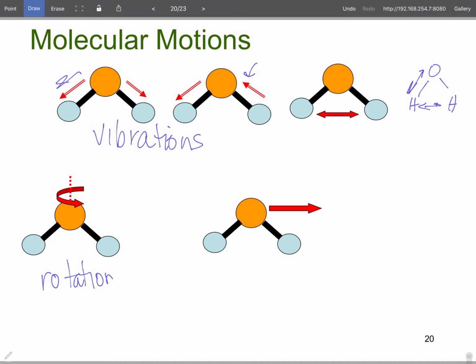So if you're a top and you're spinning in place, that would be a rotational energy. And yes, that has some randomness because if you spin a top and it's got a dot on it, then if it spins really, really fast, the dot seems to be a solid line. So it has disorder there.